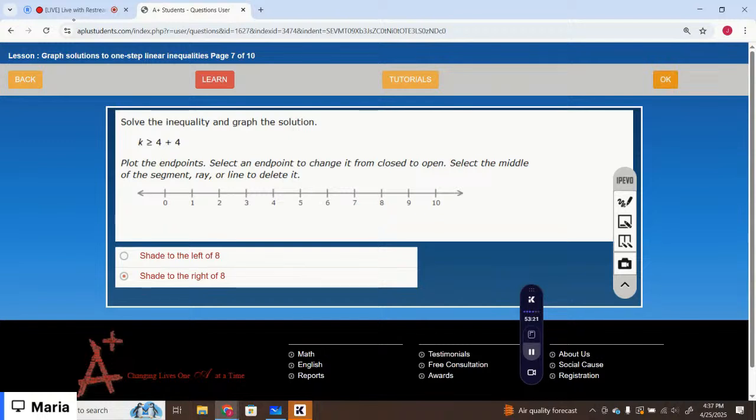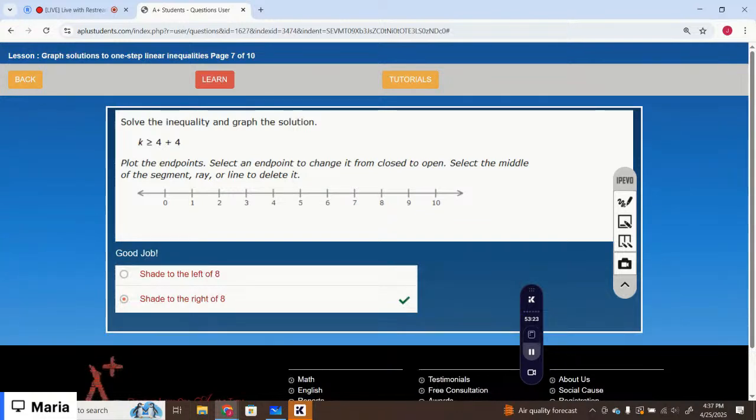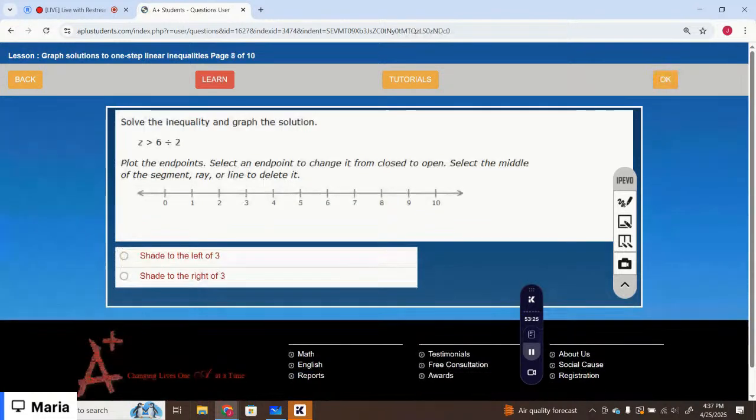Option number 2 is the correct option. Solve the inequality and graph the solution.